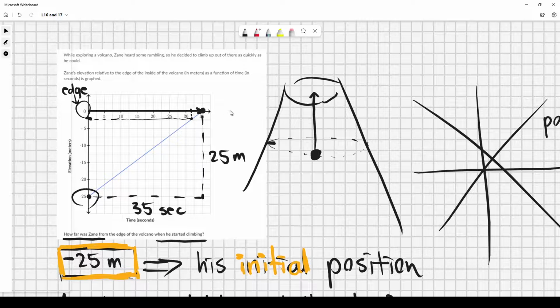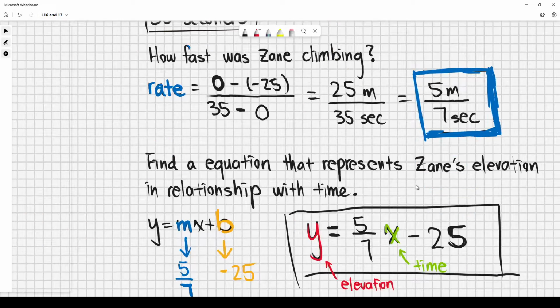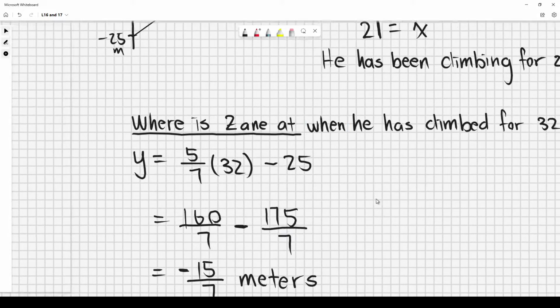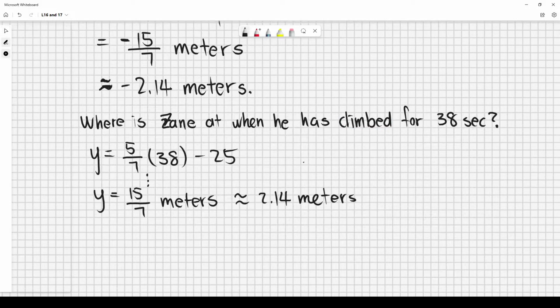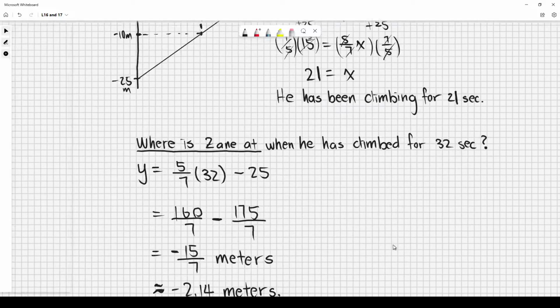I asked where is he at 38 seconds, but he would not be climbing anymore. So he actually couldn't have climbed 38 seconds.